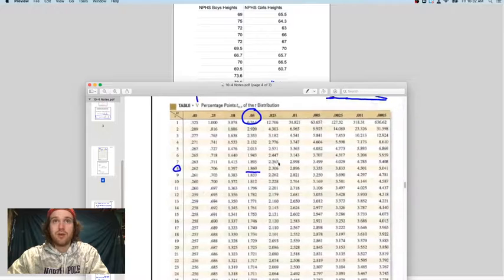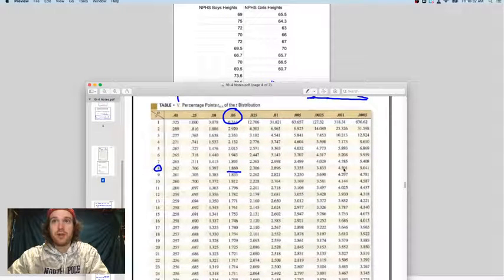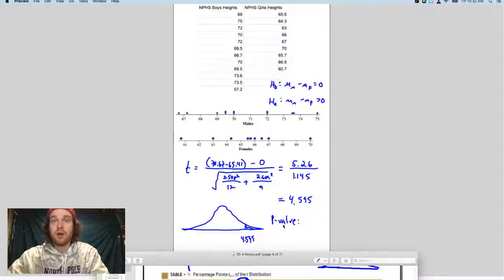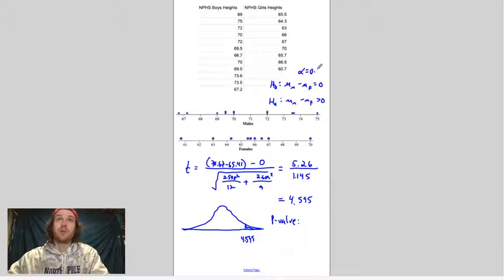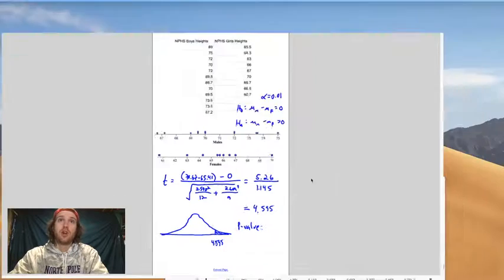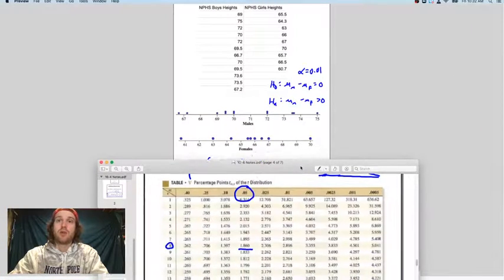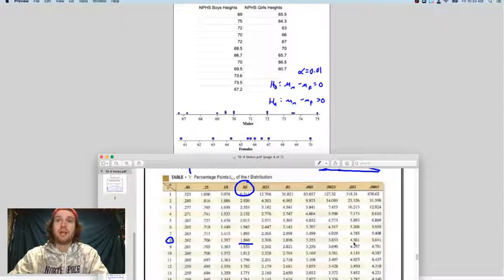So the area to the right for 4.595 is somewhere between 0.001 and 0.0005, both of which are less than any alpha that we would use. We didn't really claim an alpha, which I kind of screwed up on, but if we say alpha equals 0.01, for degrees of freedom 8, 4.595 is between these two, so we know our p-value is somewhere between these two areas.